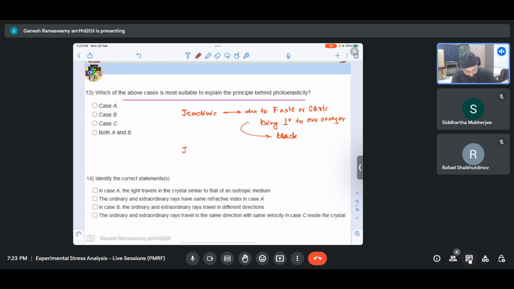Now isochromatic. It is due to retardation, which is a function of wavelength.